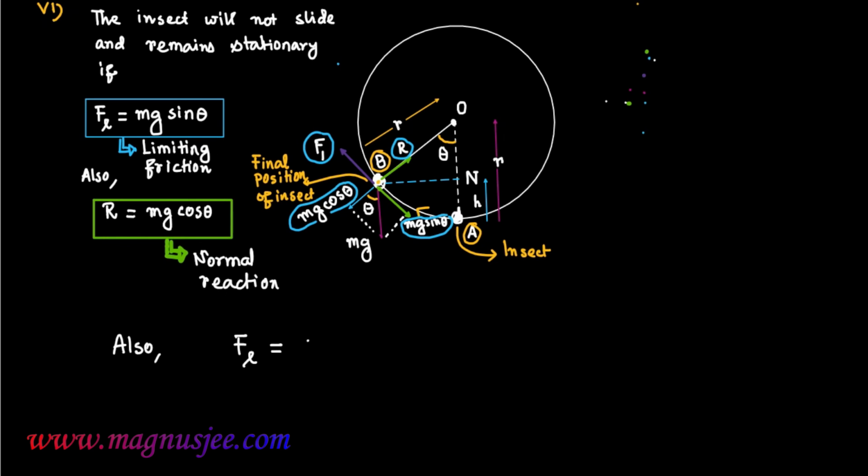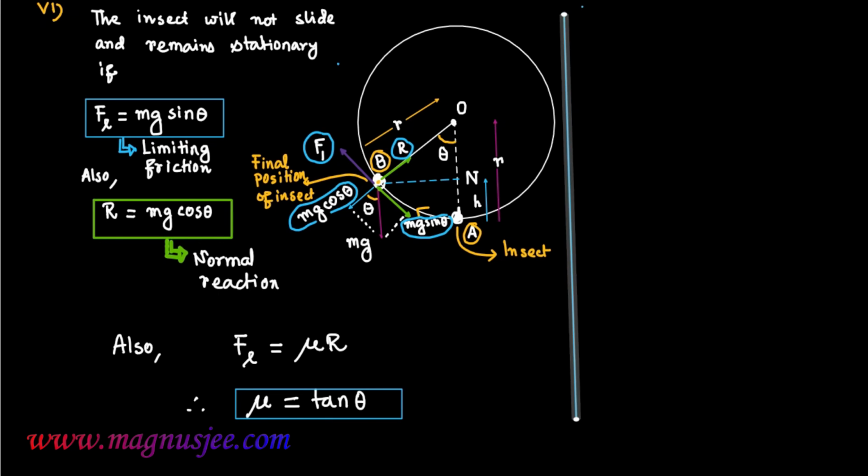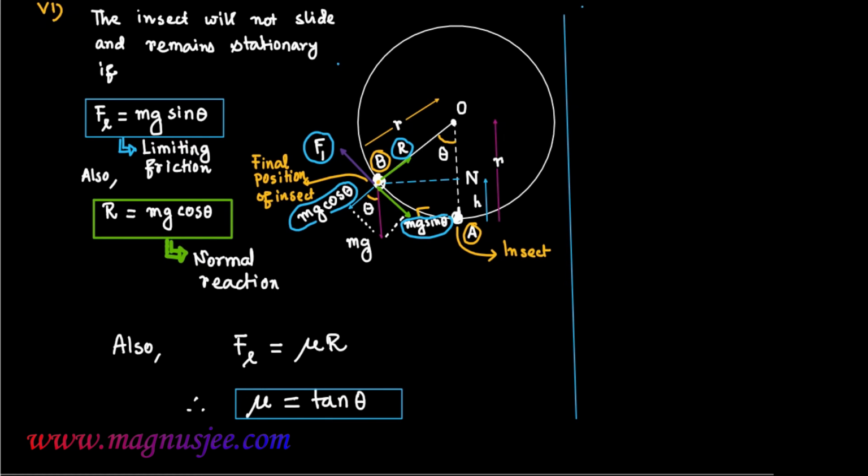Also, limiting friction Fl is equal to mu dot R, and we can prove that mu equal to tan theta. Mu is the coefficient of friction between the insect and the spherical surface, and theta is the angle subtended by the final radius at the point B with the initial radius R at the point A. Also, we can write down the expression of height attained by the insect.